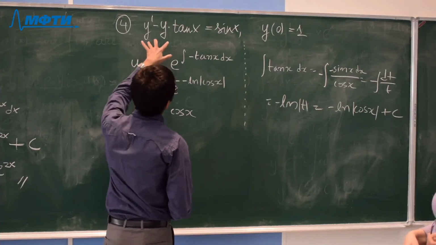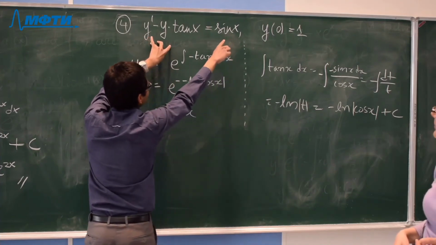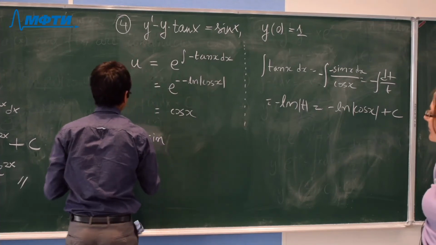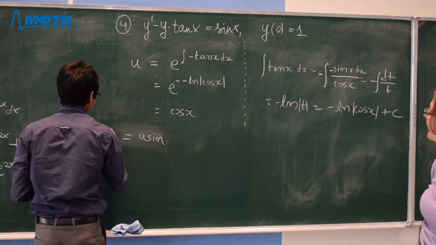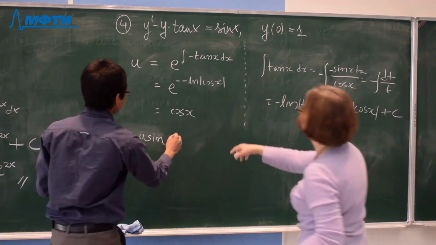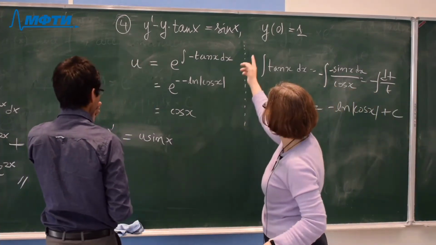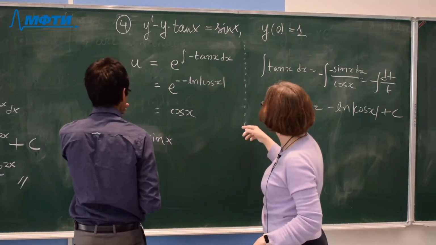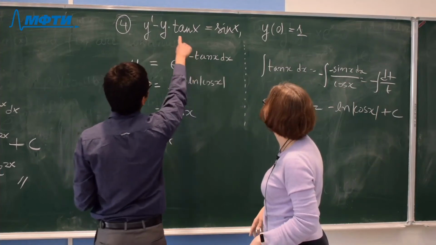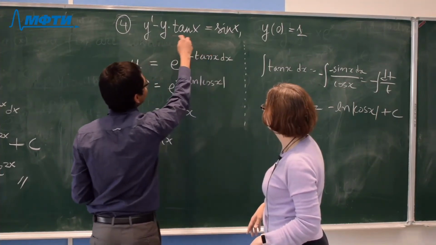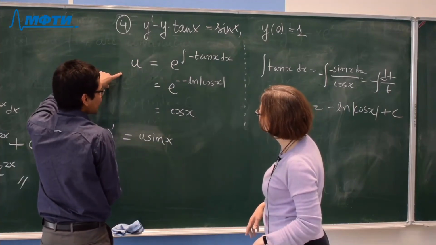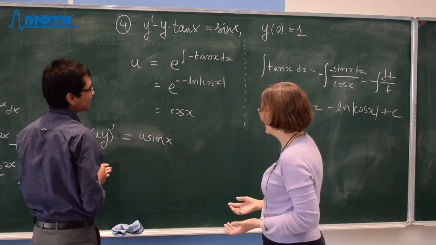We multiply by the integrating factor, then the result. It's very difficult to write because... Why difficult? Sine x times cos x, so it's 1/2 of sine 2x, right? Right now we already have functions. If we just use u and y, it is easy. No problem, nothing.